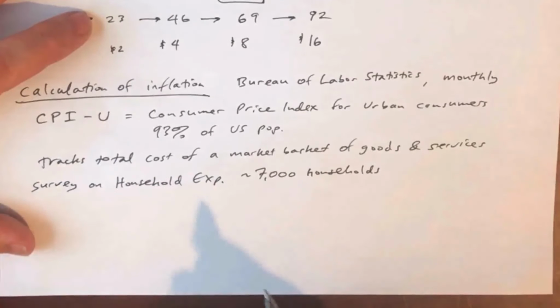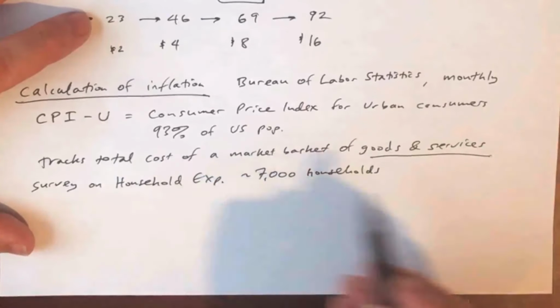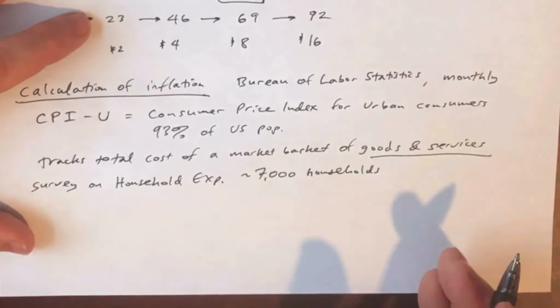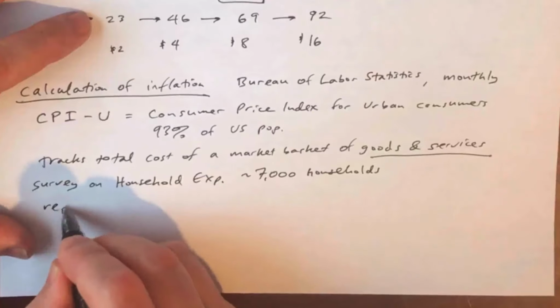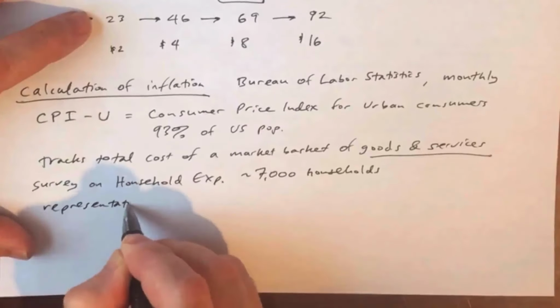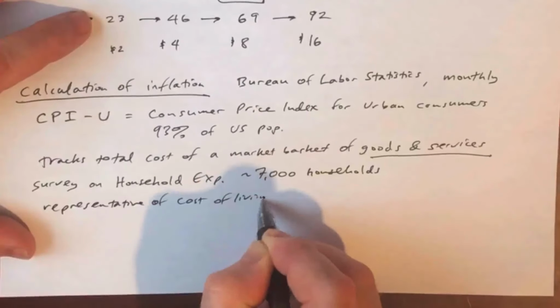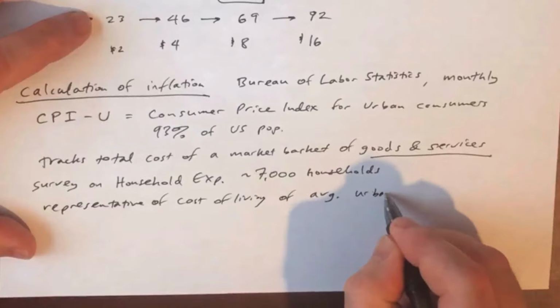Because what they want is for the goods and services in this market basket to be representative of the typical urban consumer, representative of the cost of living of the average urban consumer.